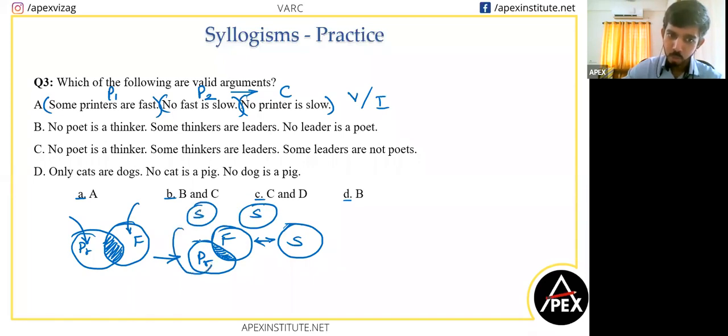Slow can also be here. In that case, slow and printers is overlapping. So we cannot say for sure that no printer is slow, because the relationship between printer and slow is not given, slow can be anywhere else. Okay. So this is invalid. This statement does not hold.